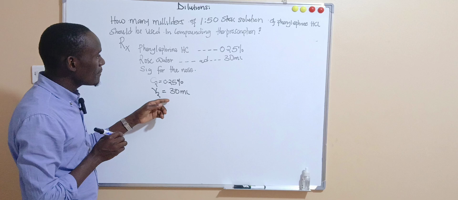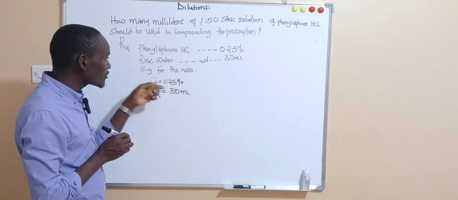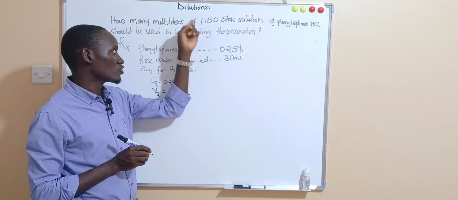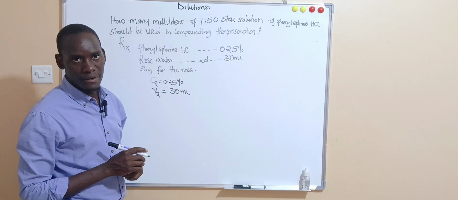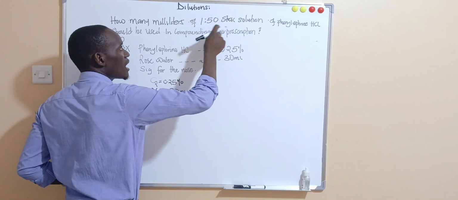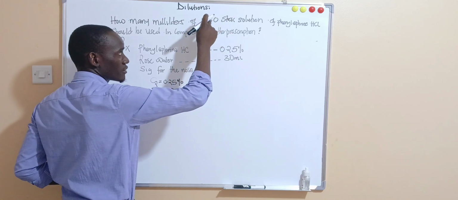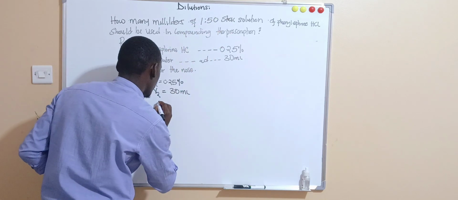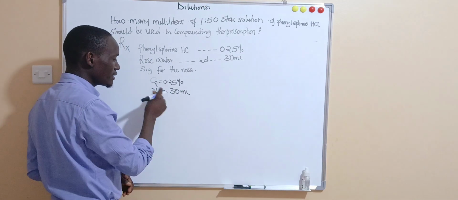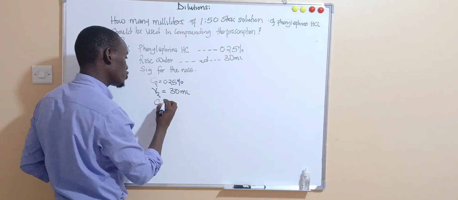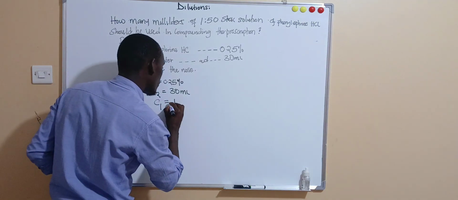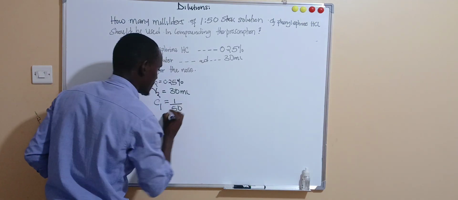But remember, we are preparing this solution from a stock solution with a concentration of 1 to 50. Therefore, this becomes our initial concentration. So we shall have our initial concentration C1 as being equal to 1 to 50.